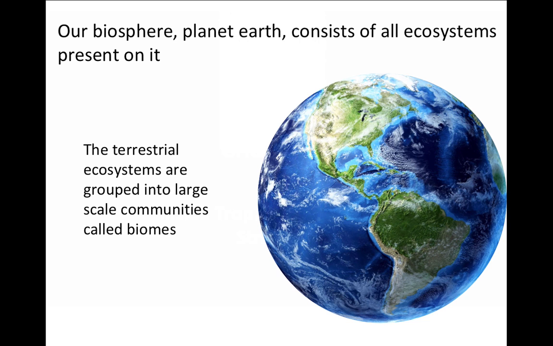And overall, life on planet Earth is referred to as the biosphere. It consists of all the ecosystems that are present on the planet. Tropical rainforests, savannas, tundra, those are names that refer to large-scale communities that have a lot in common with each other.